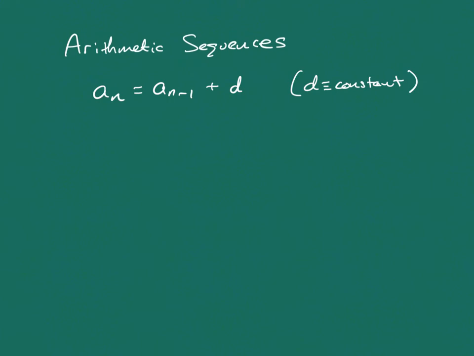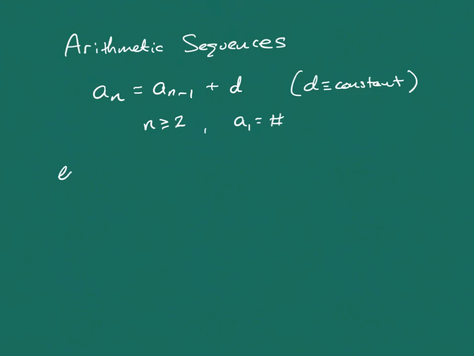And so we get a recursive formula that looks something like this, and this will be valid for n greater than or equal to 2, with a 1 given by some fixed number.